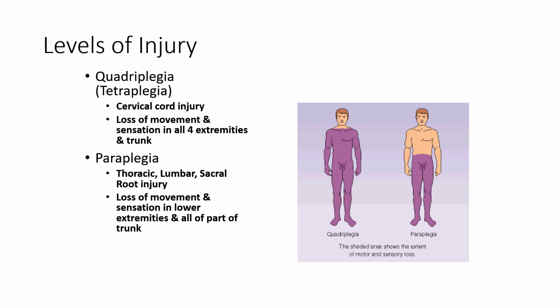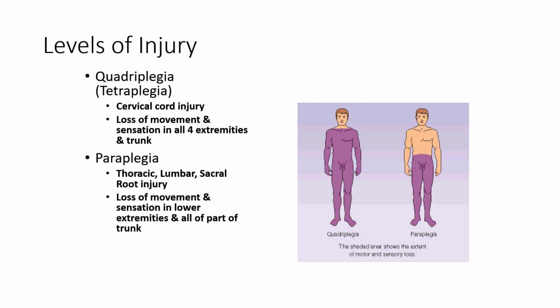Quadriplegia, or as your book calls it, tetraplegia, is an injury at C8 or above. This results in a loss of movement and sensation in all four extremities and the trunk. Paraplegia would be an injury at T1 or below, and results in loss of movement and sensation in the lower extremities and all or part of the trunk.